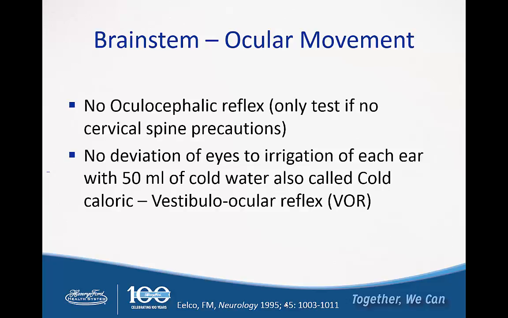So, this is kind of fortunate for me because it makes my job really easy in trauma patients, because many of them, if they've had a blunt trauma and their C-spine is not cleared, which it's never going to be for the most part in this situation, you can't do the oculocephalic reflex.